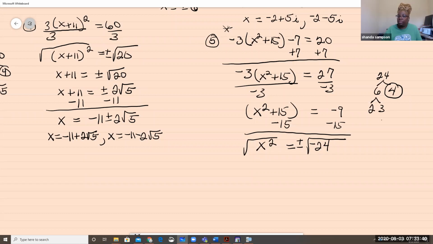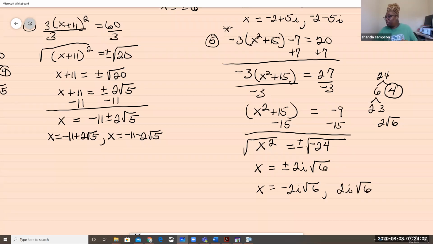So that breaks down to 2 radical 6. So now you have x is equal to plus or minus 2i radical 6, right? So your answer is x is equal to -2i radical 6 and 2i radical 6.